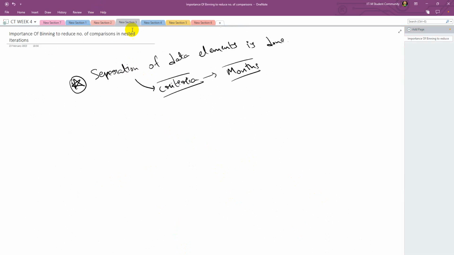These are the criteria on which I separated the data elements into bins. The criteria can also be the value of a variable, or the geographical location, or the starting digit of a contact number.